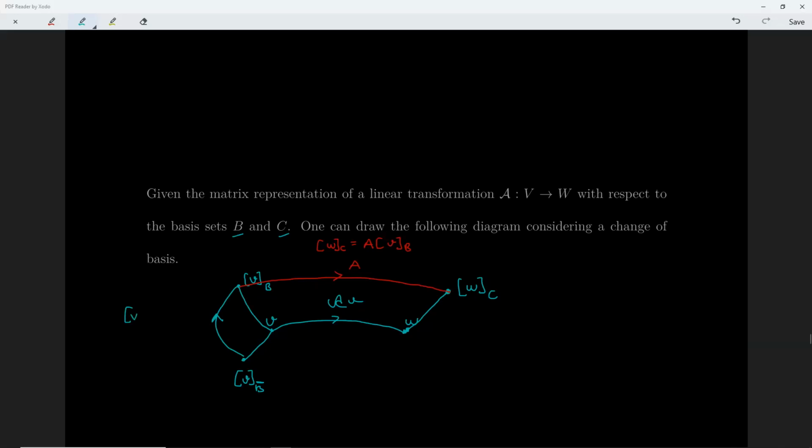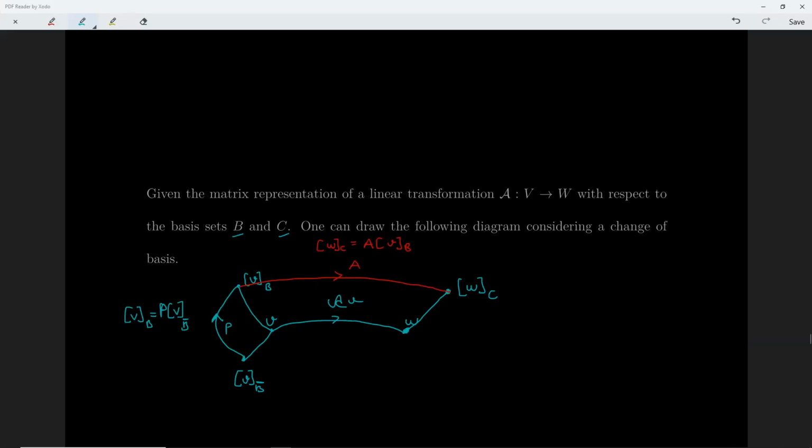As you might remember, the representation of V with respect to B can be written as a P matrix times the representation of V with respect to B bar. Okay, so I will show that with that P matrix over there.